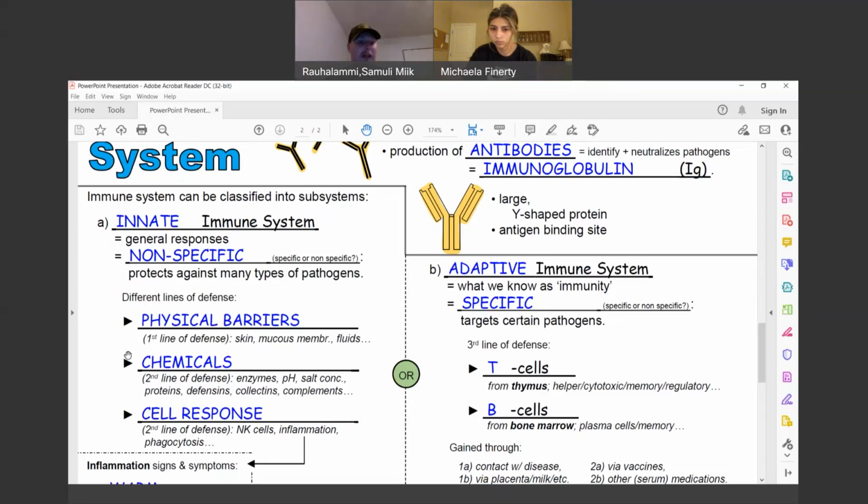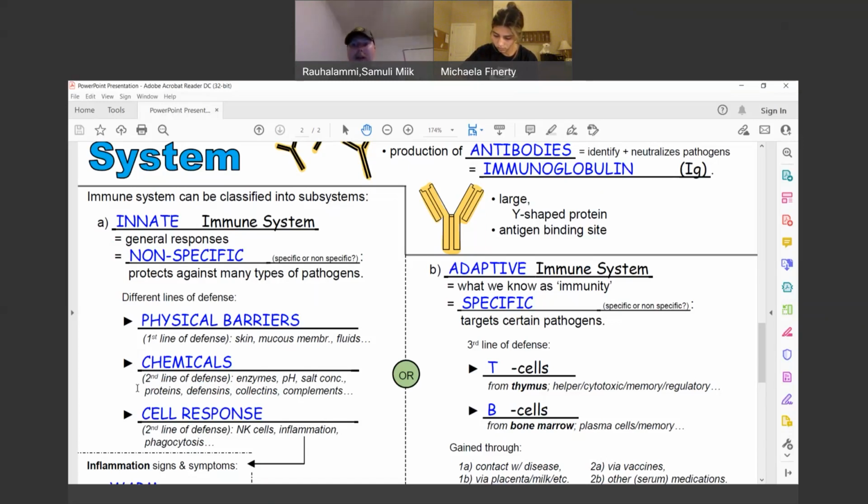The second way we deal with these pathogens in the innate immune system is by using chemicals. If you get through, say, a cut through the skin, and the pathogen gets into our body, then we try to have another chemical way of stopping them. And that's often things like sweat. Sweat kills a lot of bacteria and viruses. Then there's things like stomach acid.